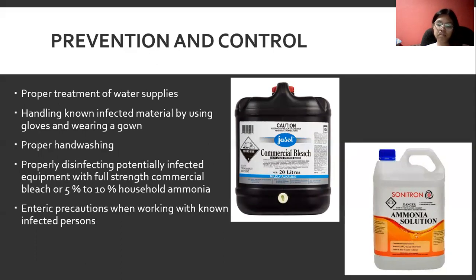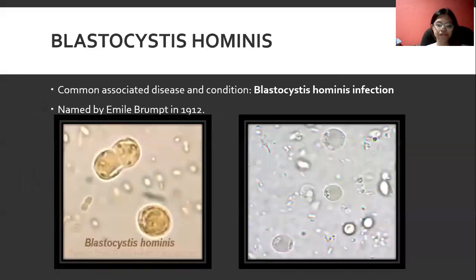Handle known infected material using gloves and a gown, practice proper hand washing, and properly disinfect potentially infected equipment with full-strength commercial bleach or 5% to 10% household ammonia. Enteric precautions when working with infected persons are also necessary.